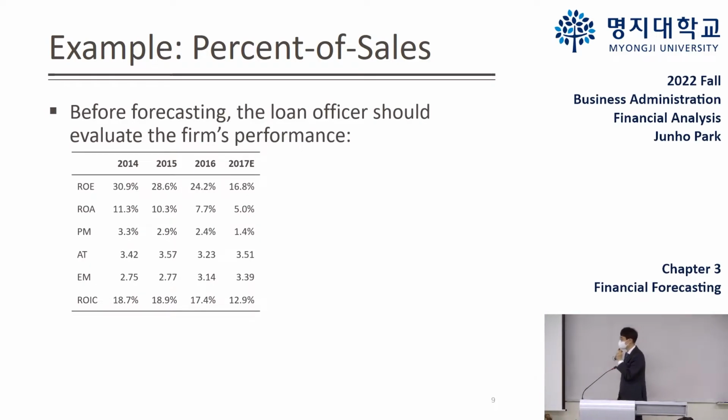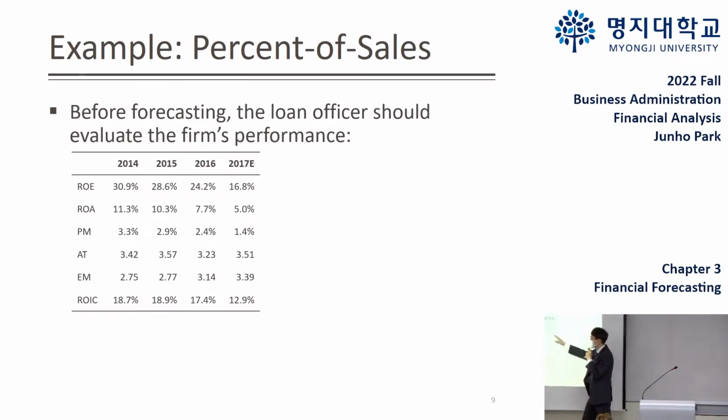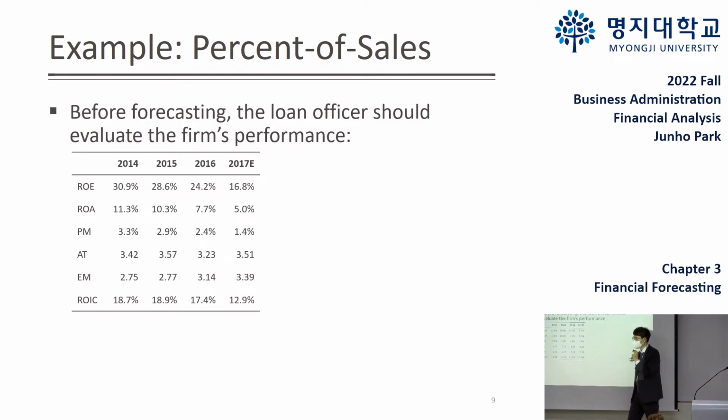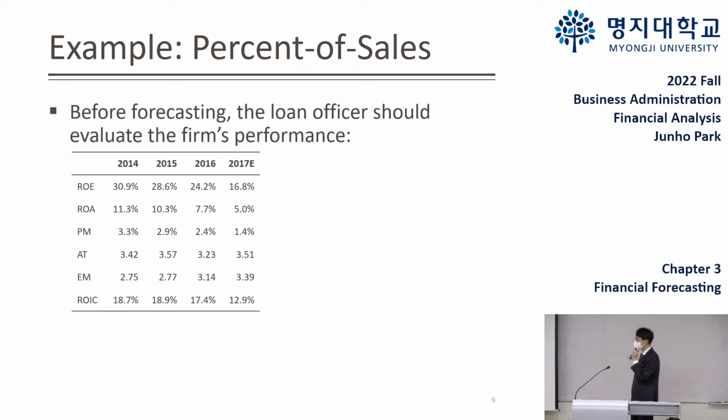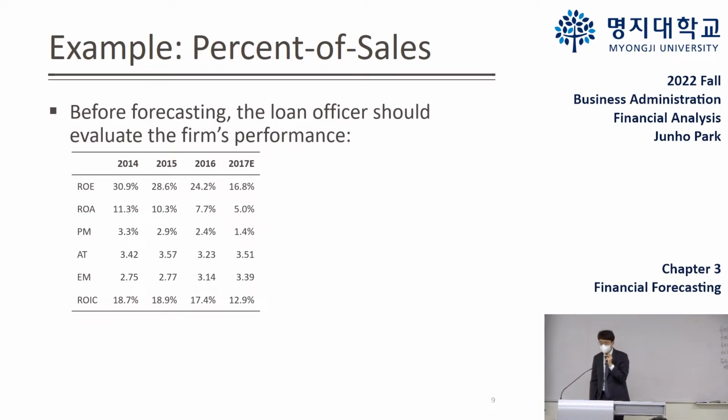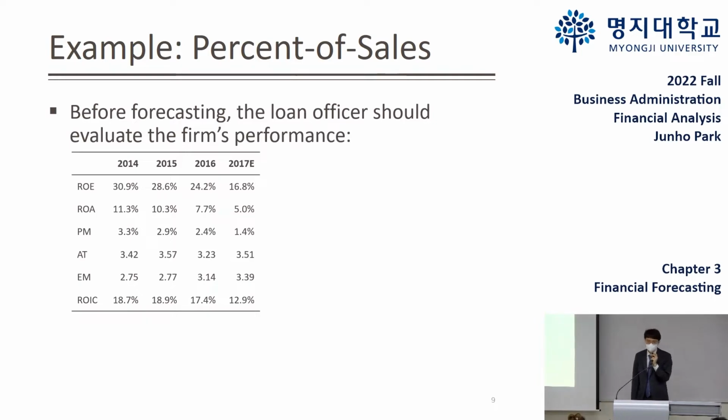So as you can see, not only the ROE or ROA and profit margin, but also ROIC is decreasing. So there are some problems in the operation of the firm. And as a loan officer for the bank, you will be concerned about the performance.